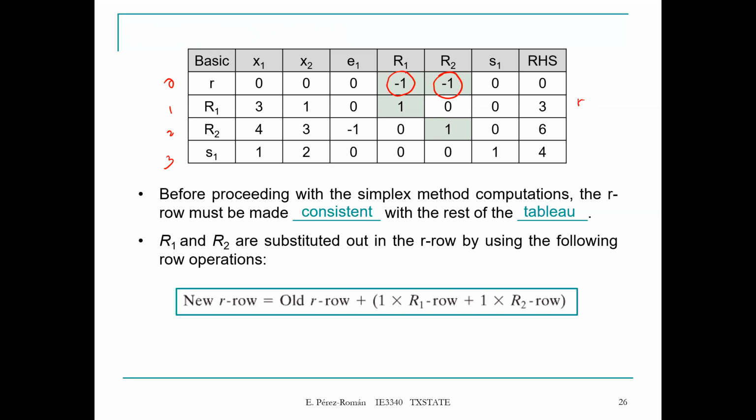For the first one, we multiply row 1 by 1 and add it to row 0. And for the second one, we multiply row 2 by 1 and add it to row 0.